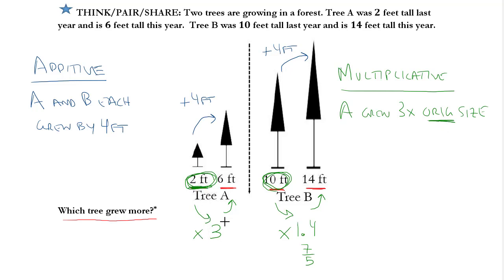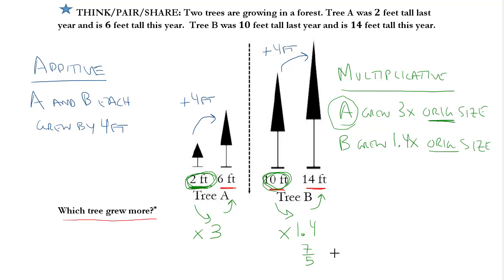How many times bigger is it? And tree B grew, what did we say, 1.4 times its original size. And so thinking about the multiplicative model, which tree grew more? Well, tree A grew more, because it tripled in size, whereas tree B didn't even double. It was a little less than doubling in size.